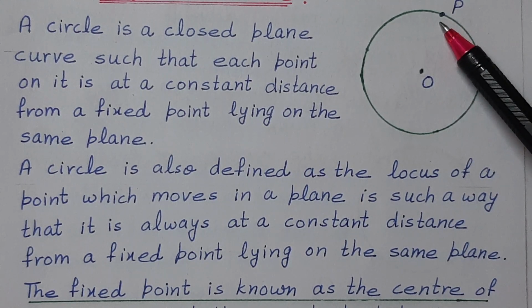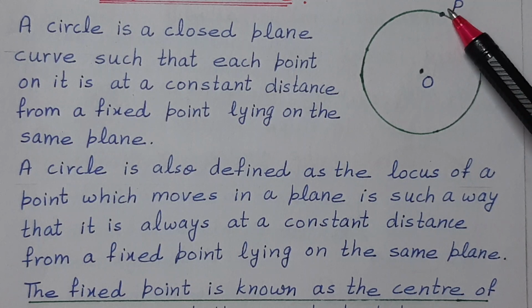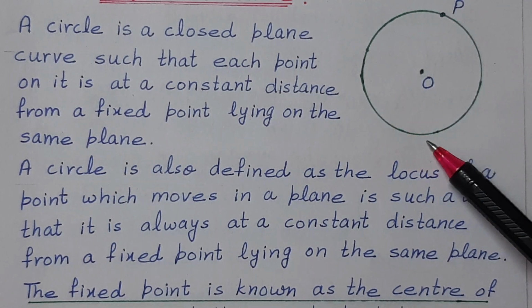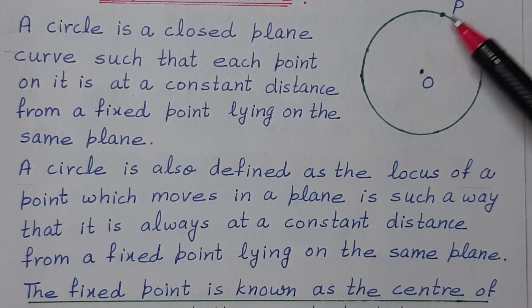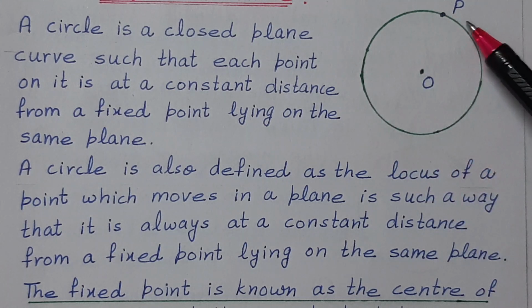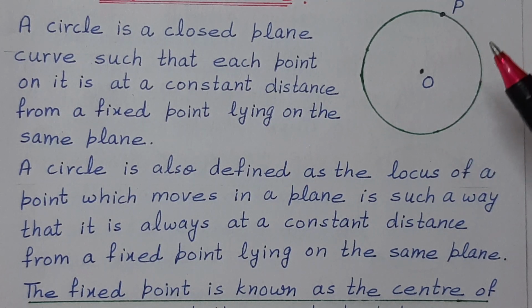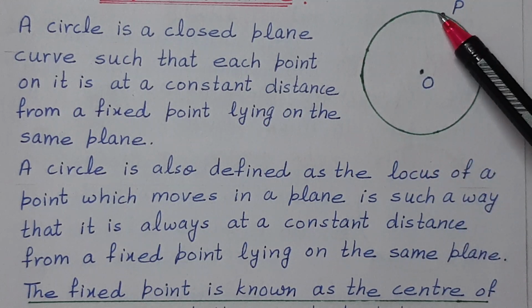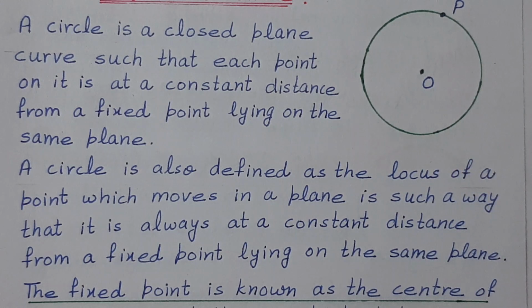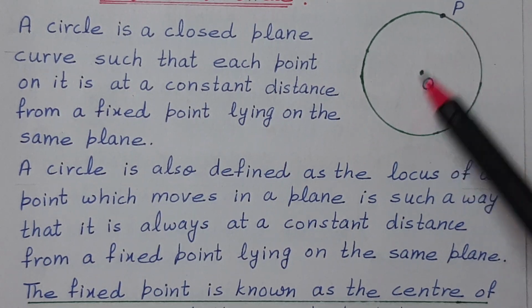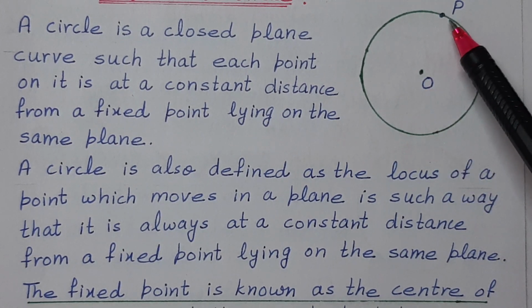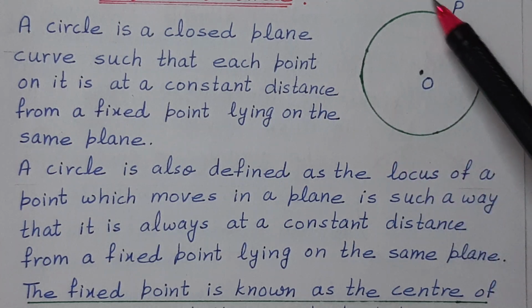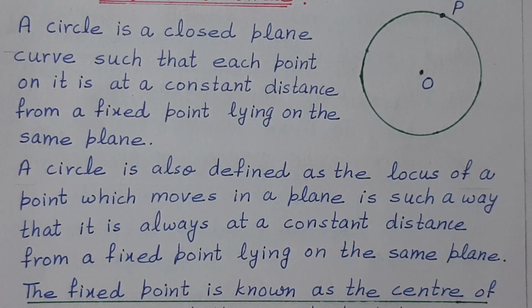If P is lying on a circle and moves along the circle, completes one full rotation and returns to its original position, then the distance covered by this point P is known as circumference. Clear? So here OP is the radius and the rotation completed by P is the circumference. I hope it is clear to everyone.